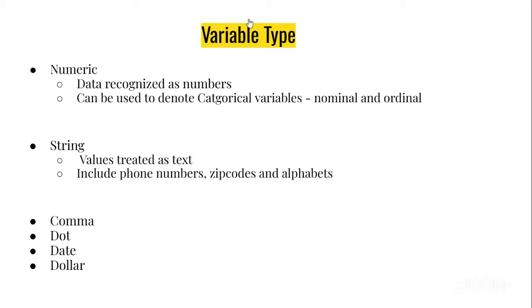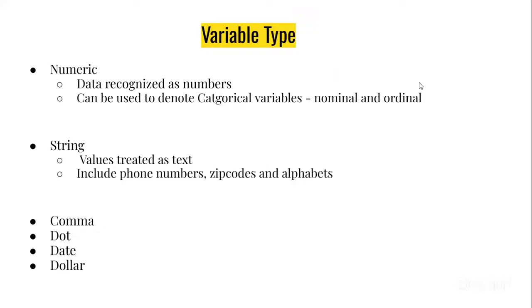Again, we are talking about the variable type now. These are the common variable types that we often see in SPSS. The numerical variable type consists of numbers, and it can also denote categorical variables, which can be nominal and ordinal.